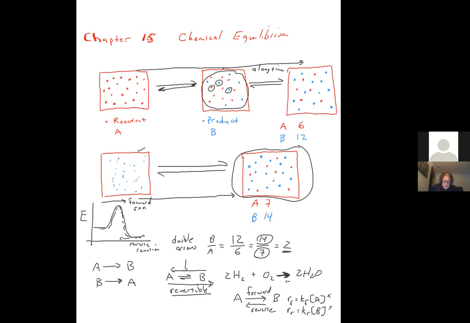Okay, so we're going to define something called the equilibrium constant. And here I'm going to go ahead and do this kind of formally. I'm going to write out a chemical equation, which is reversible. And there are 2 reactants and 2 products.